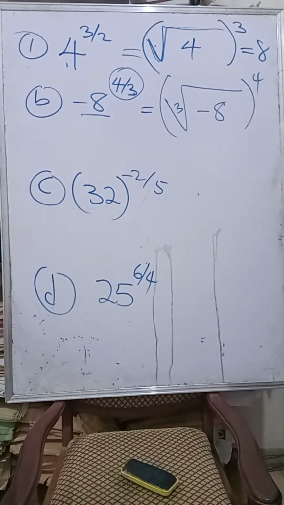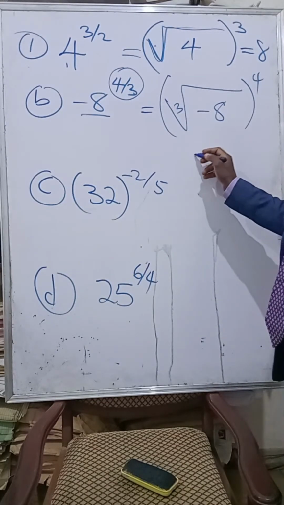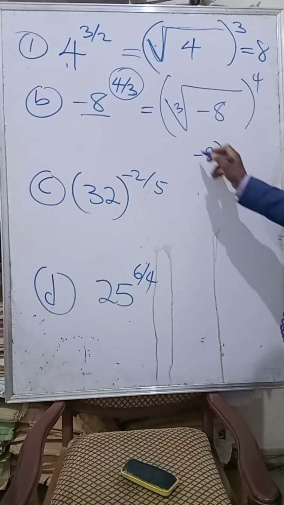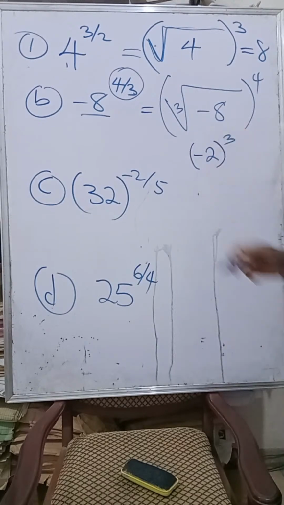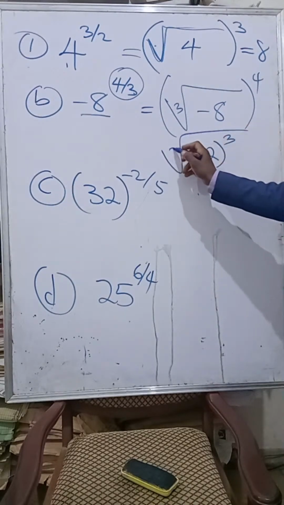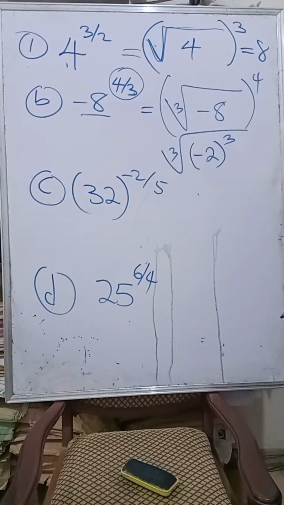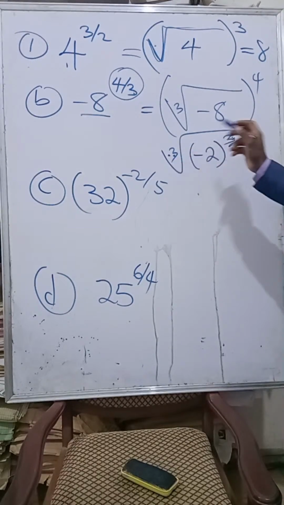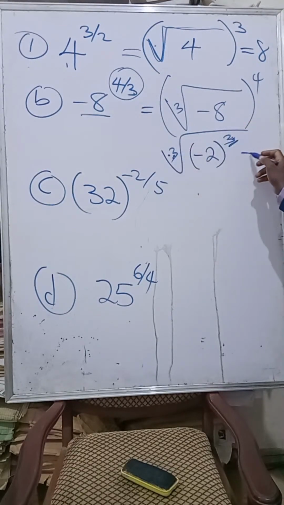This is equal to minus 2, you can close it to power 3. That will be equal to the cube root. This one is odd, and it's the same with this cube root, so it gives you the base, minus 2.